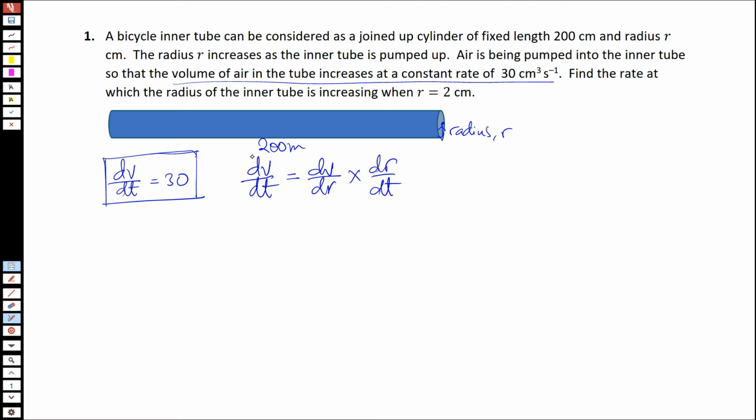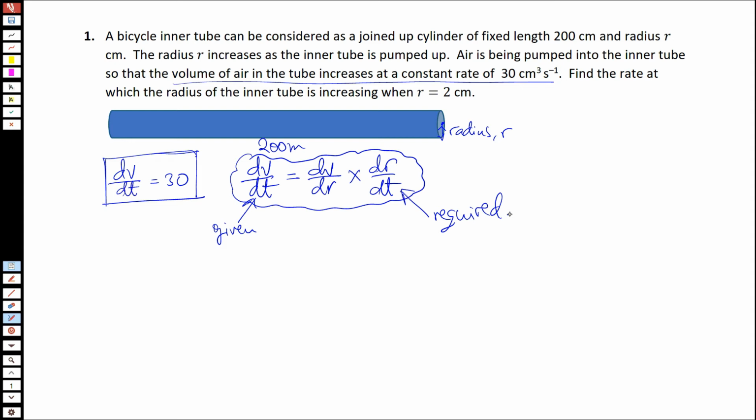And what we plan here is to use this relationship to be able to find what's being asked in this question. And we can see that this is given in the question. This is given. And this is what is required. That's what's being asked in this question.